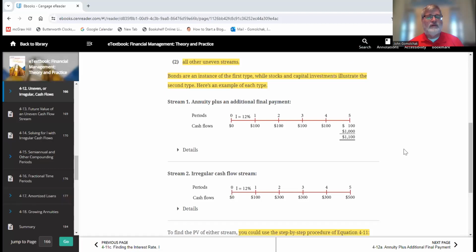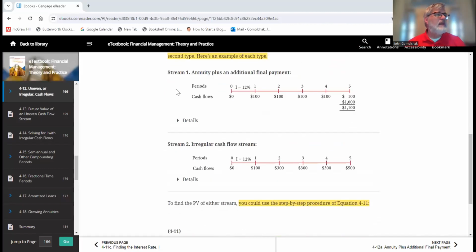I'll put you on the timeline that they're giving us in the book, which is this here: annuity plus an additional final payment. So we had $100, $100, $100, $100, and we got our final $100 in the 5th year, but we got our $1,000 back at the end of that period of time. Then that would be in the nature of a bond.